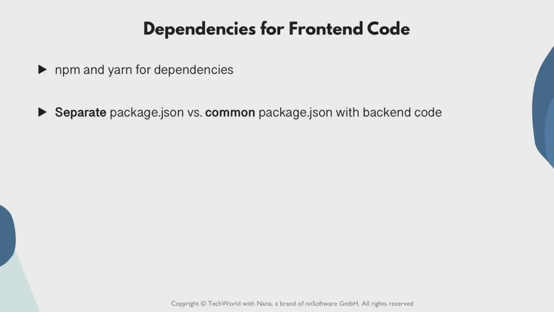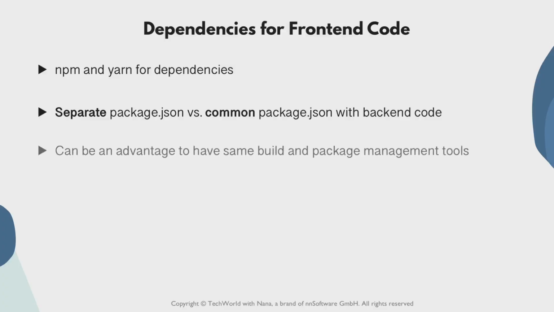But it's definitely an advantage and can be used as an advantage to have the same build tools and same package management tools across front-end and back-end throughout the whole application. But again, no standards or standard ways of doing that exist yet.